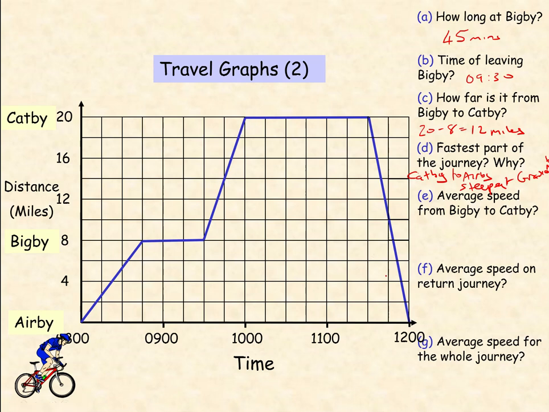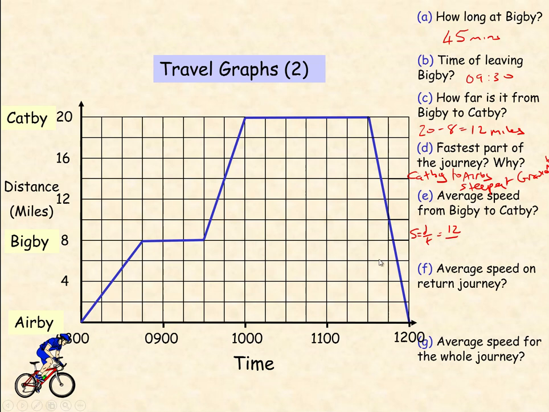Again, we know speed is equal to distance over time. So we're going from Big B to Cat B. The distance, we work that out as 12. And the time taken from Big B to Cat B is 15 and 15, which is 30 minutes.